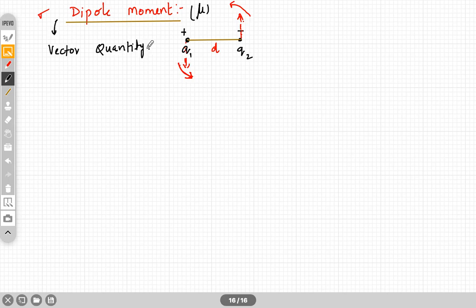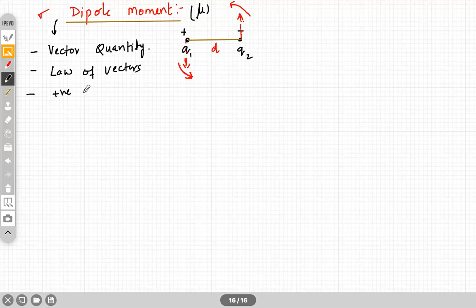Any example of a vector? Acceleration, velocity, force. Okay, fine. So dipole moment is also a vector quantity, and it also follows the laws of vectors, the addition law of vectors. The direction of the dipole moment is from positive to negative, from the positive charge to the negative charge.